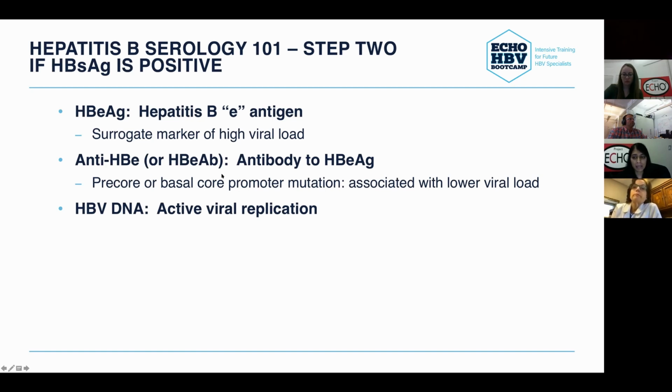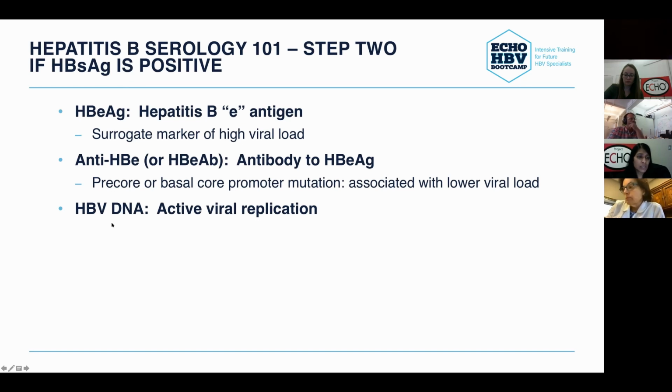This can sometimes be associated with a lower viral load and/or pre-core or basal core promoter mutations. And then finally, the third serology test we talk about in somebody who's surface antigen positive is the Hep B DNA PCR viral load. This again is to measure how much active viral replication is ongoing in a person.